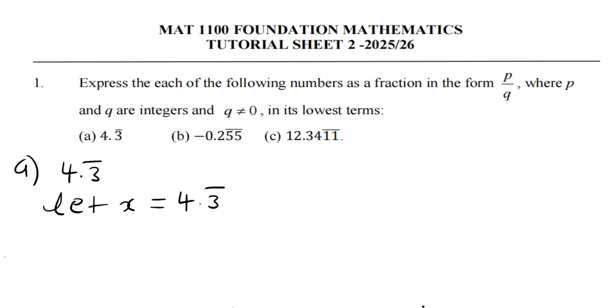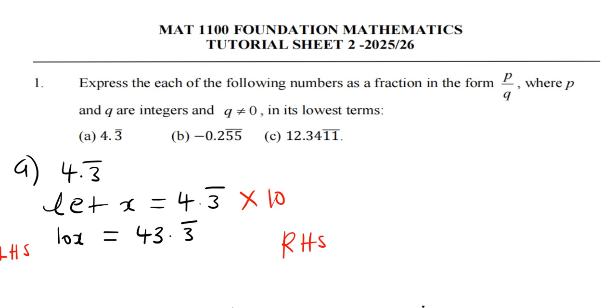Let's say this is my left hand side, this is my right hand side. On my left hand side, when I multiply by 10, I'm going to have 10x. On my right hand side, the point is just going to move one step.